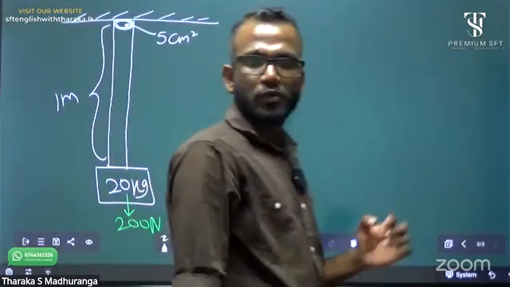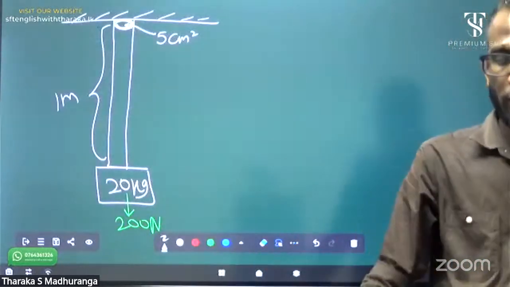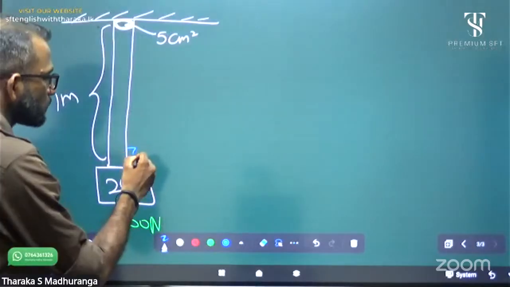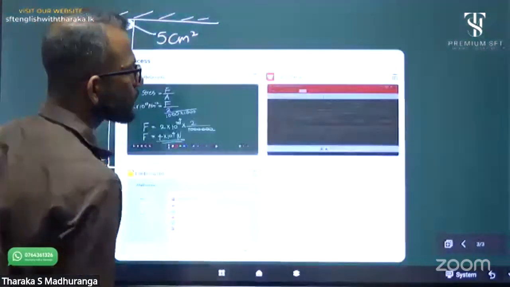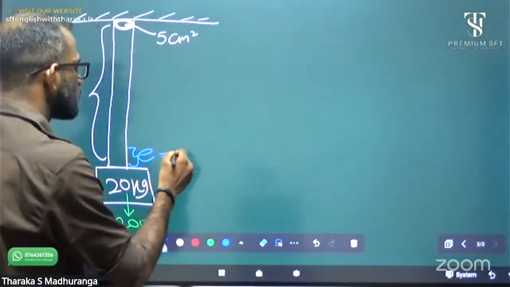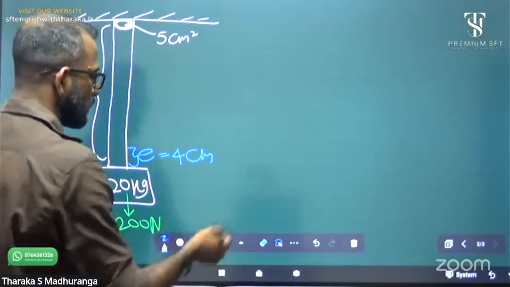Due to this 200 Newton force, the length increases by 4 centimeters. That means extension equals 4 centimeter.